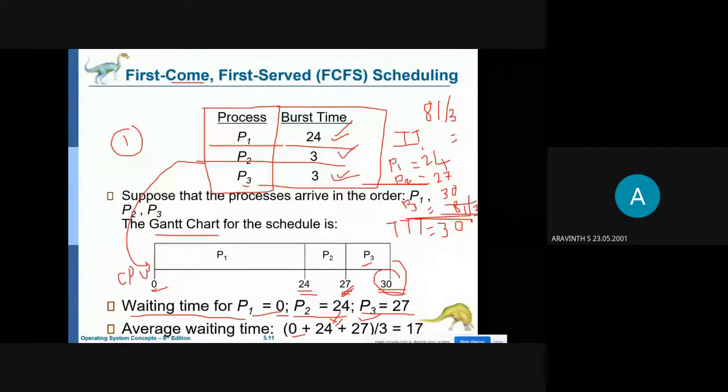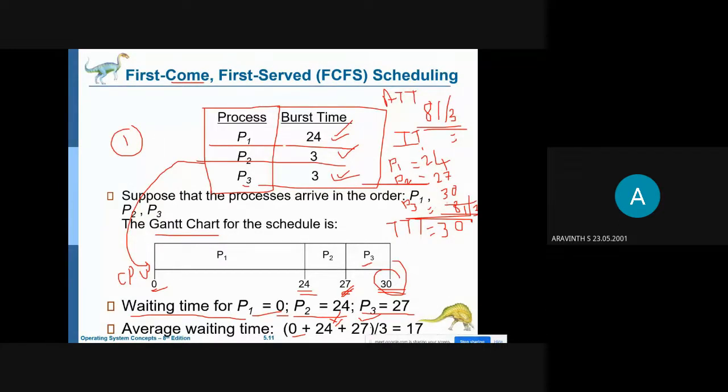You don't need to total here, but when finding the average turnaround time, ATT, you total like this: 24 plus 27 plus 30 divided by 3, which is 81 divided by 3. You will get the result. This is called the average turnaround time.